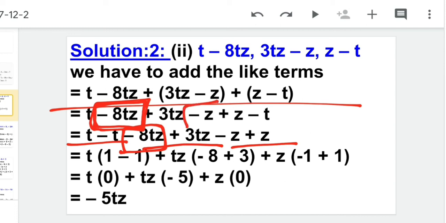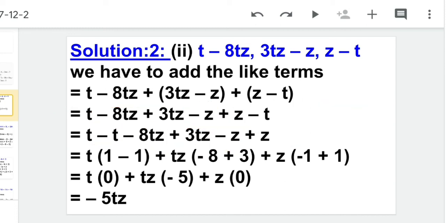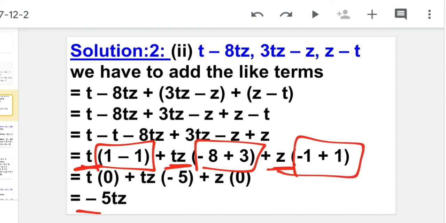We are taking this negative z with its negative sign here. Now after writing all the like terms together, you have to take the common algebraic factors as common. You can see here, and after this you have to solve the bracket, and this is our answer.